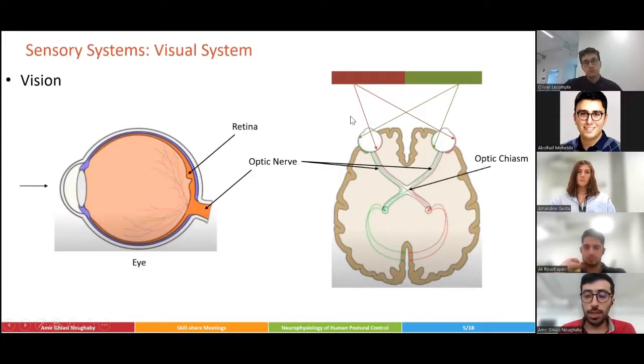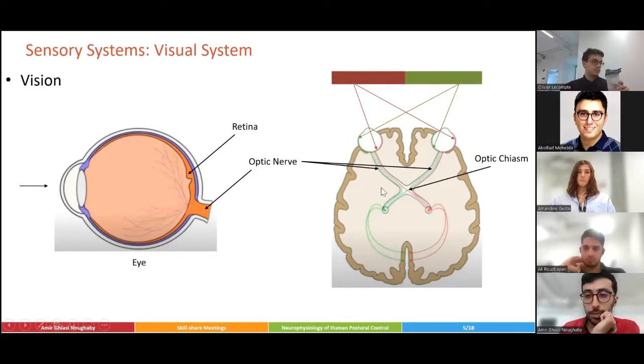After passing the optic nerve, this signal reaches the point that we call the optic chiasm, in which the nerves closer to the nose go to the other side of the body. I mean, for example, if light reaches the right eye, the signal will go to the left side of the brain.